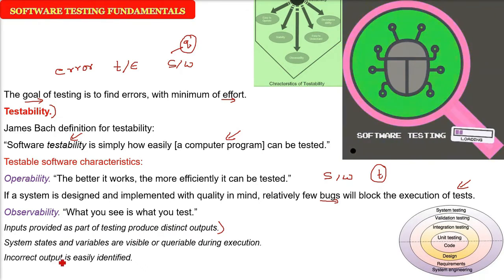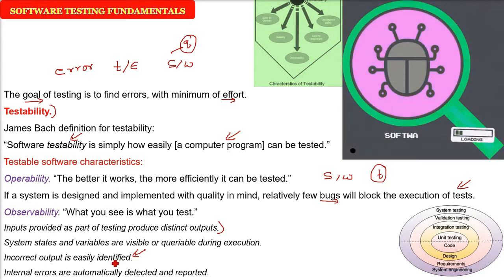Even if incorrect output is coming, you are able to identify it, analyze it, and find out what the error may be. And internal errors, which are so difficult to find, if they can be automatically detected and reported, that means your software has testability, and especially observability.